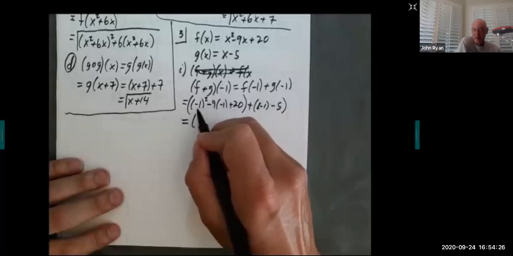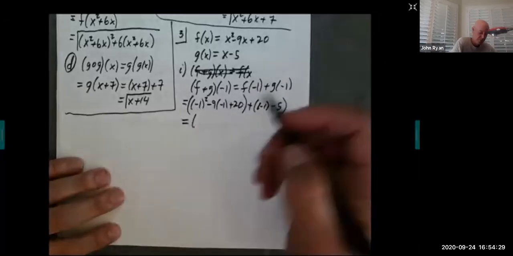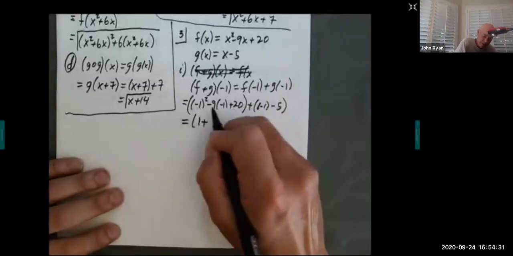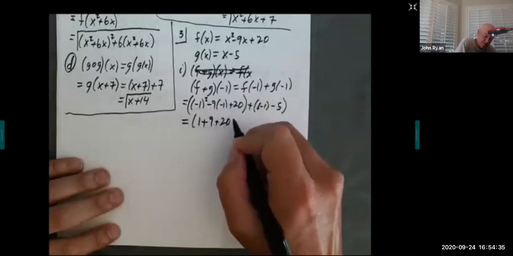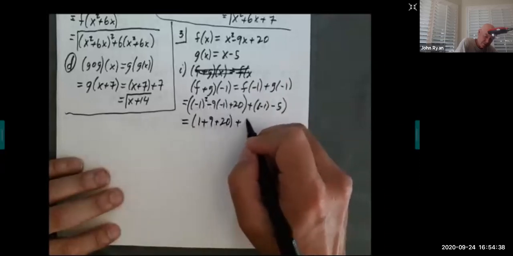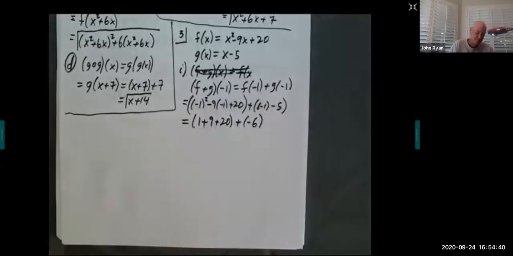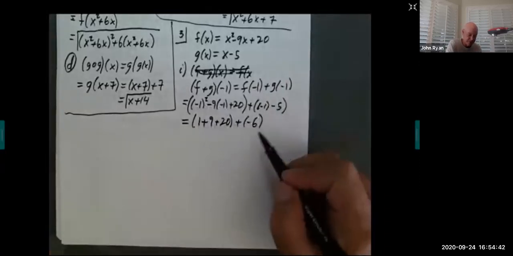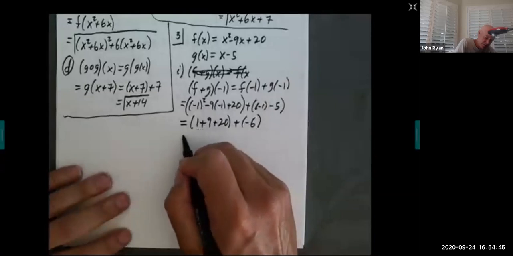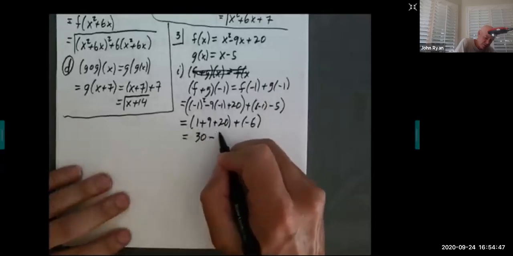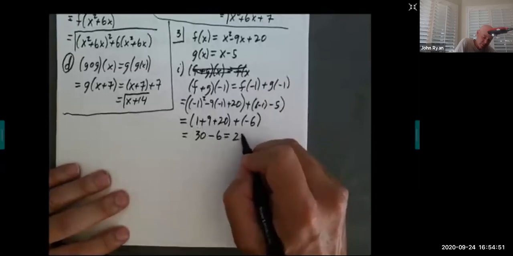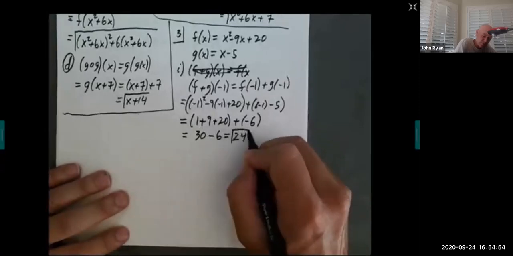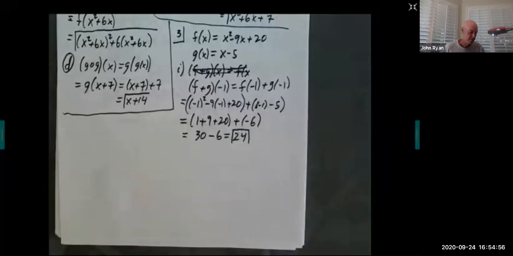Remember, a negative squared becomes a positive. Negative times a negative becomes plus. -1 plus -5 is -6. Part 2.